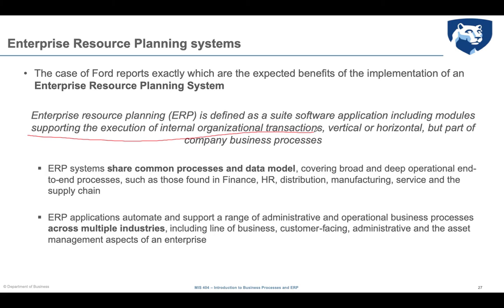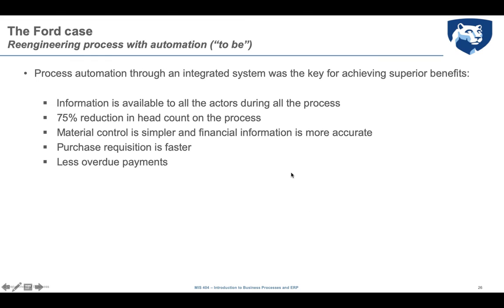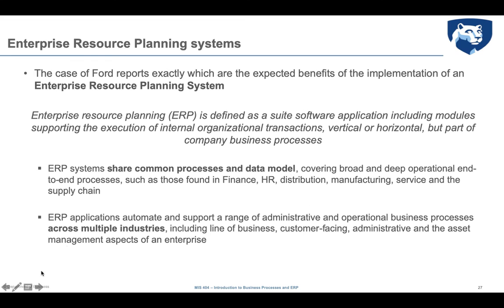So broader, the enterprise resource planning system includes all the software, applications and databases that support the execution of operational processes in the company. Enterprise resource planning systems share a common process model to be implemented.